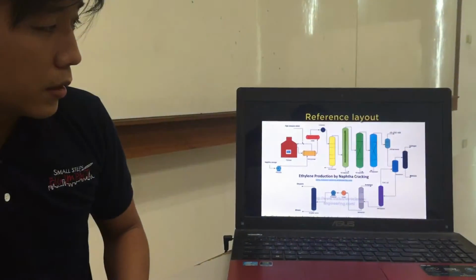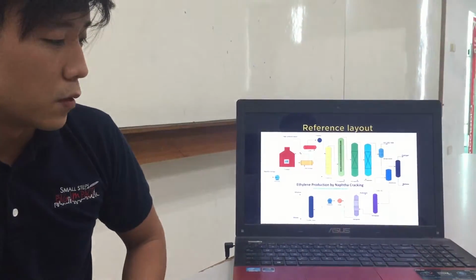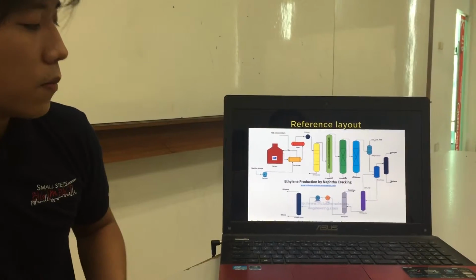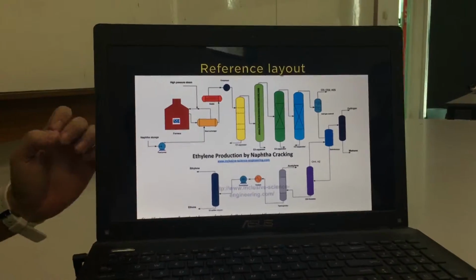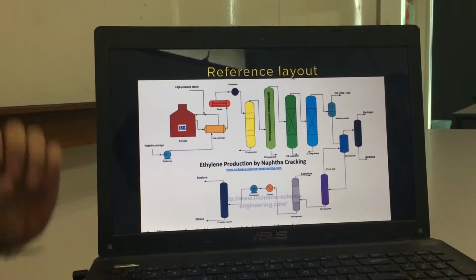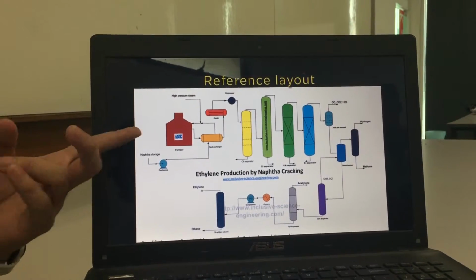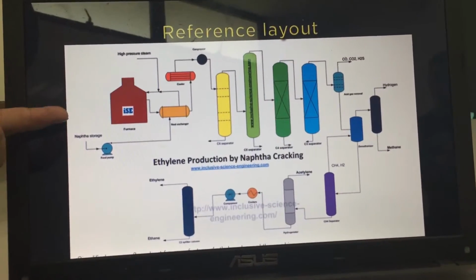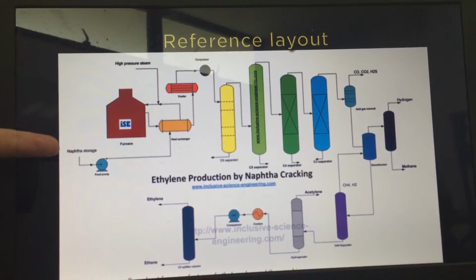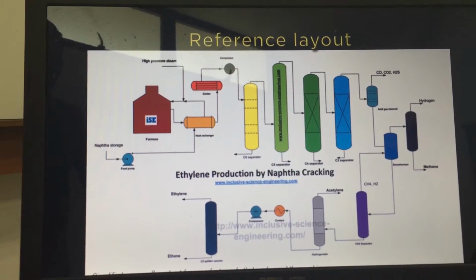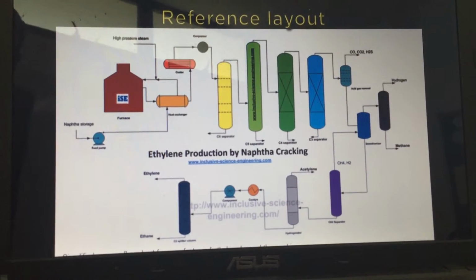This is the reference layout that we got from the internet. To put it into a visualizable form, it started with the reaction itself, where ethane is dehydrogenated into ethylene. It starts with a furnace, as you can see from this red diagram here. That's what we call the pyrolysis reaction, where ethane is primarily cracked down into ethylene.